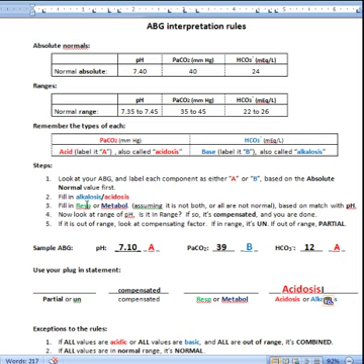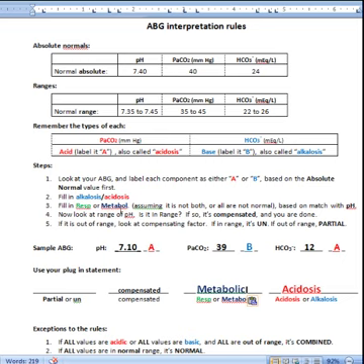Next, I have to fill in respiratory or metabolic, assuming it is not both. So that goes with whichever one of these two matches this. The metabolic, or bicarb, matches the pH, therefore the cause is metabolic. So down here, I'd fill in metabolic.